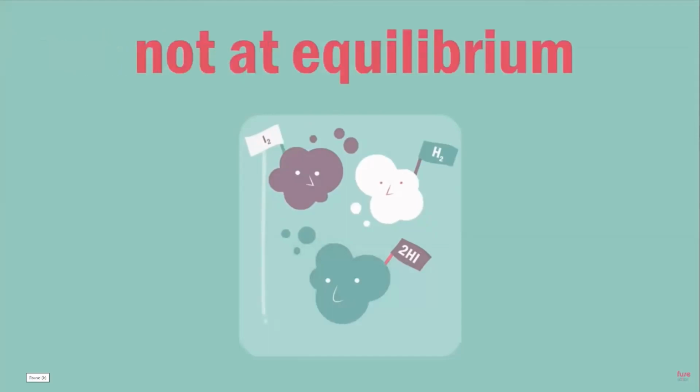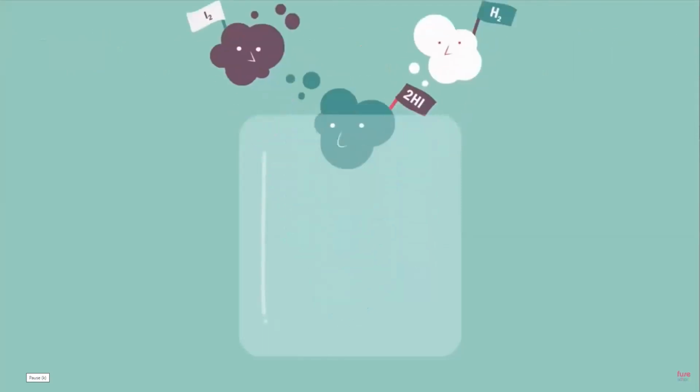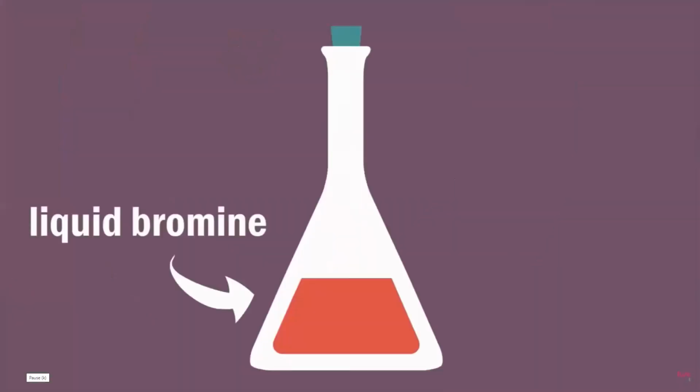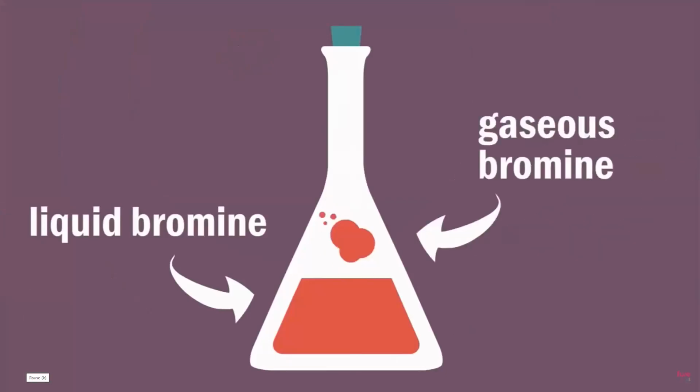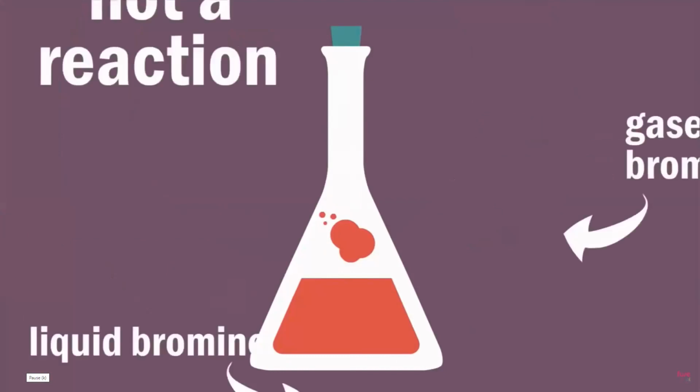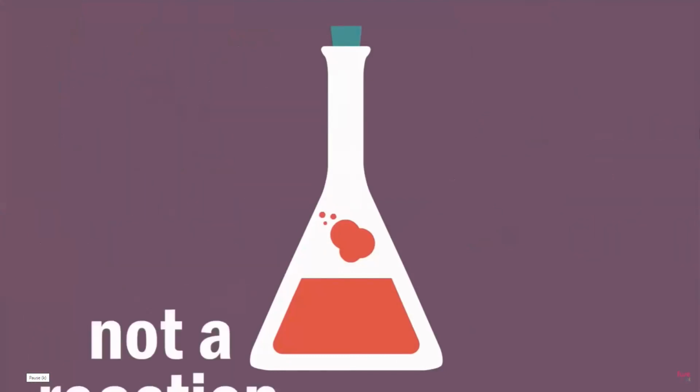System is no longer at equilibrium as the reactants and products or matter would be able to escape the system. Very good. Liquid bromine equilibrates to form gaseous bromine at room temperature. Remember that this is not a reaction, but rather a phase change.